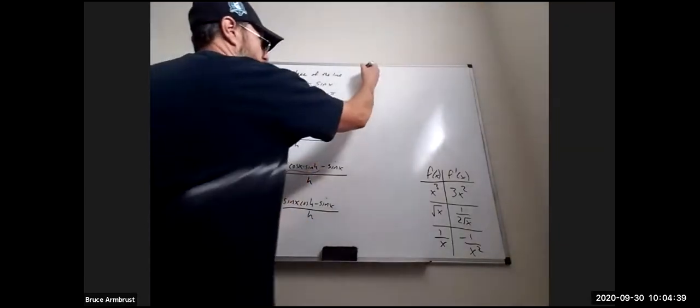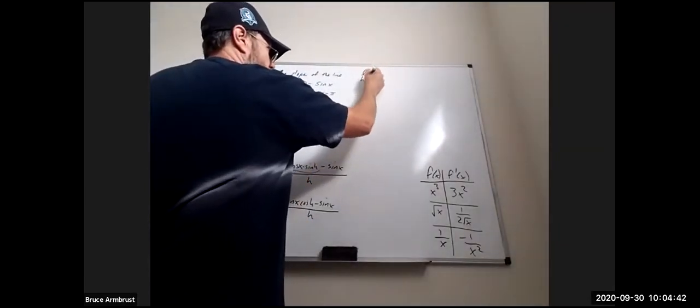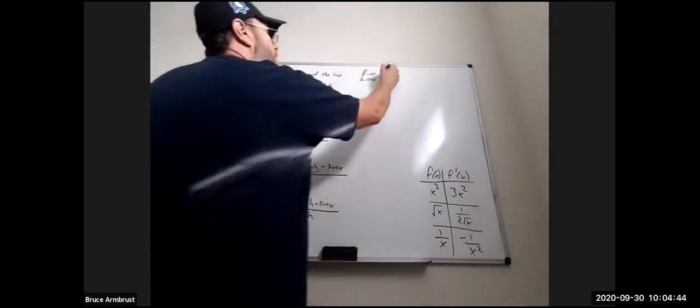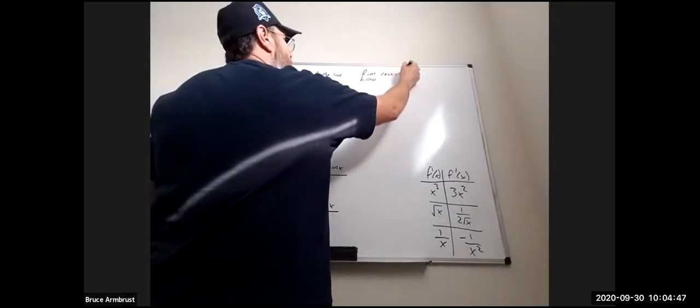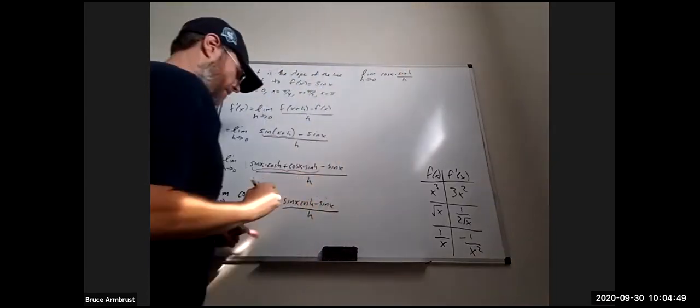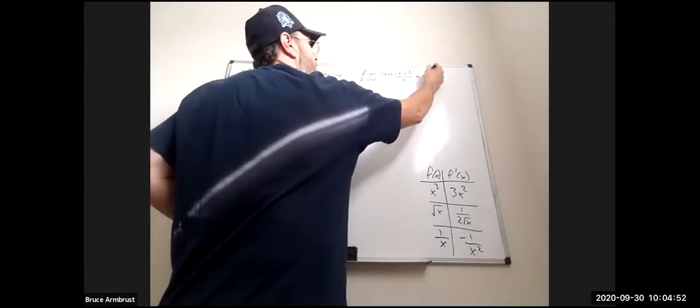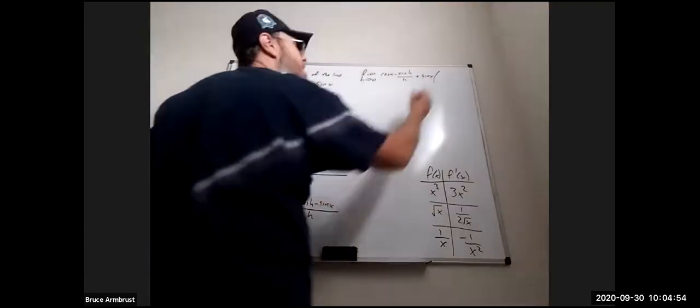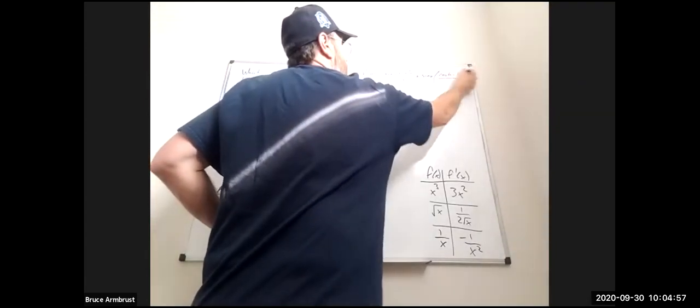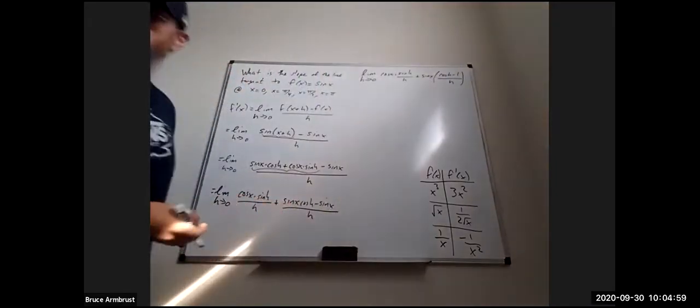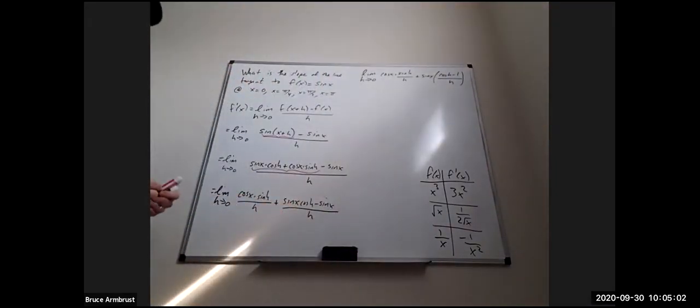So we've got the limit as h goes to 0 of cosine of x times sine of h over h plus sine of x times cosine of h minus 1 over h. For that second one, I literally only factored out the sine.